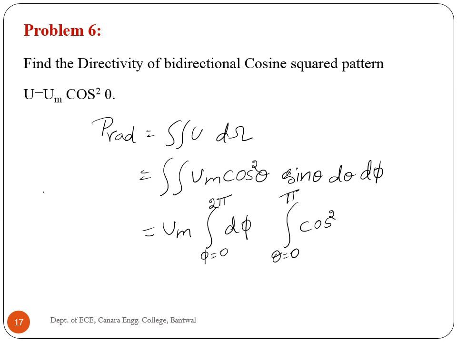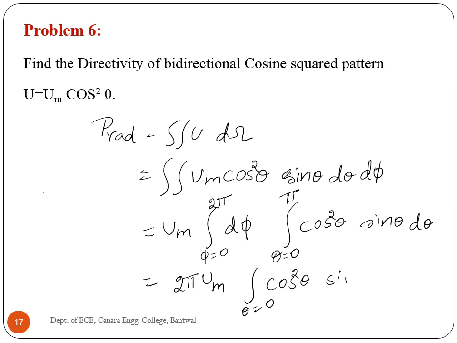Cos square theta sin theta d theta, which is equal to integral of d phi, and after substituting the limit we will get 2 pi and integration of cos square theta sin theta d theta, limit 0 to pi.